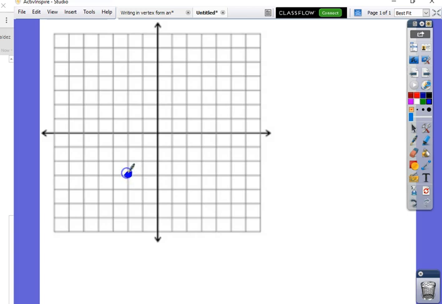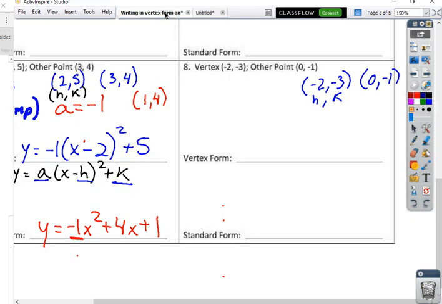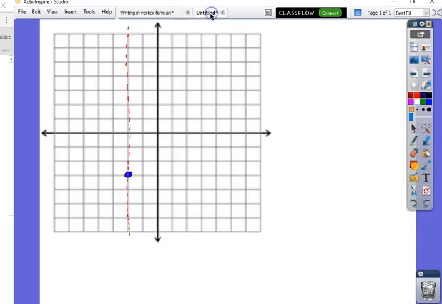So this was my vertex. So remember, the vertex has an axis of symmetry that goes through it. This is my axis of symmetry, and then I need my other point. So my other point was 0, -1. So run 0, so we stay here, but we go down 1, right about here. So that's my other point.